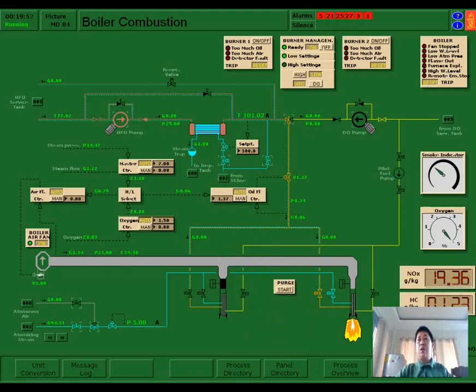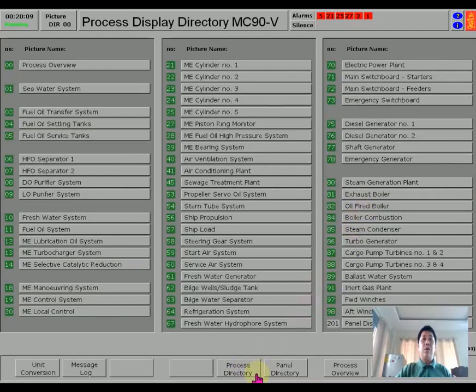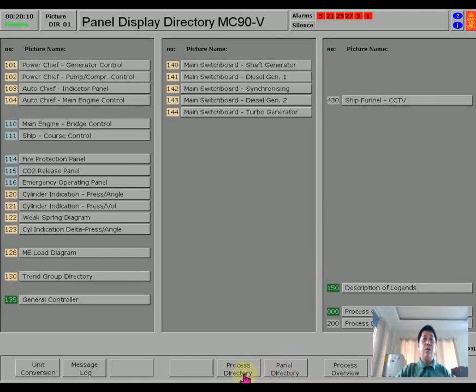It says here the pressure control, the fuel oil flow control, and air flow control. So what is happening? I will drain some steam.